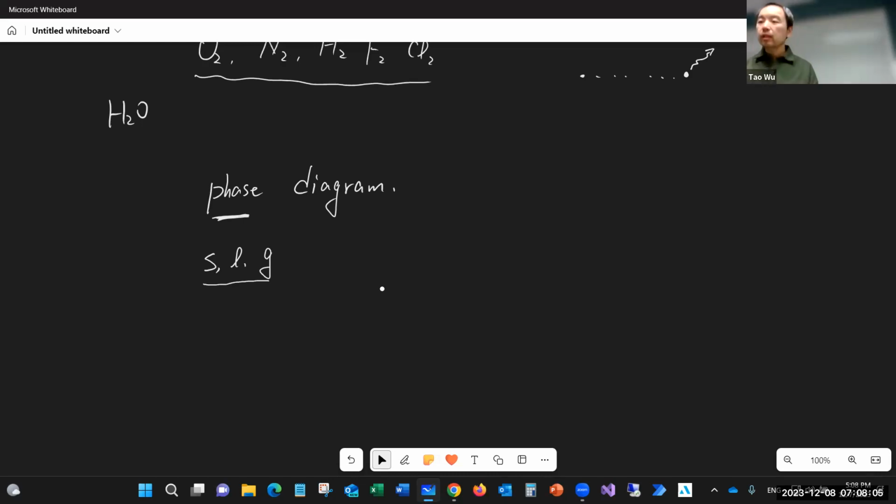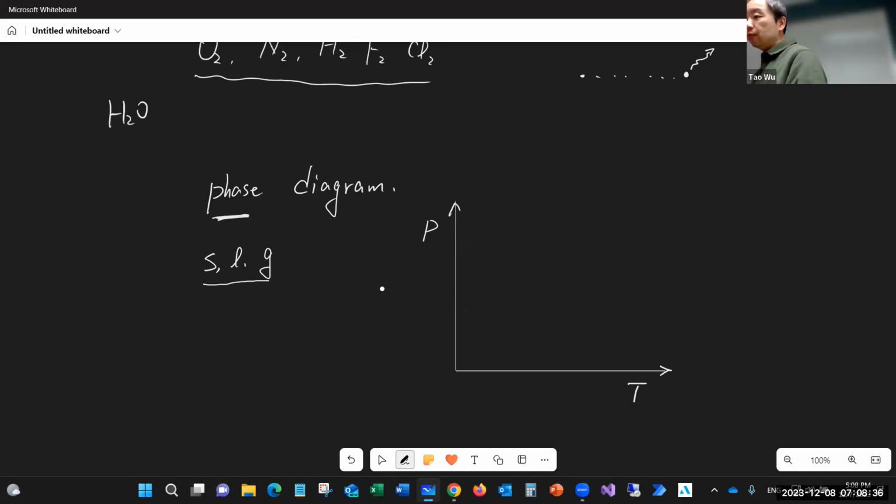So that's why the phase diagram is a diagram containing two parts. The x-axis is the temperature, and the y-axis is the pressure. Based on this diagram, we divide it into three parts, and remember, three parts: solid, liquid, and gas.